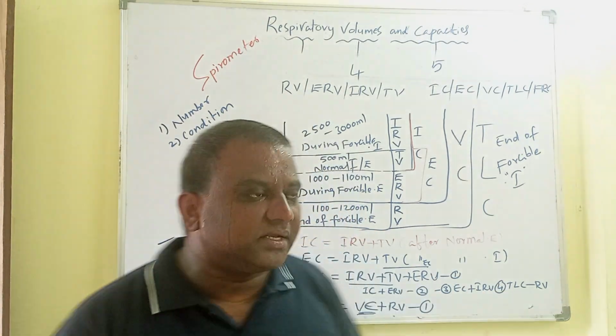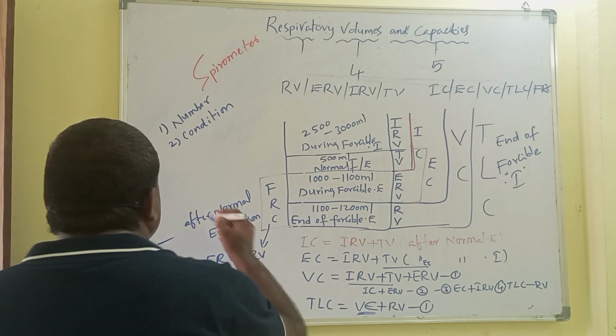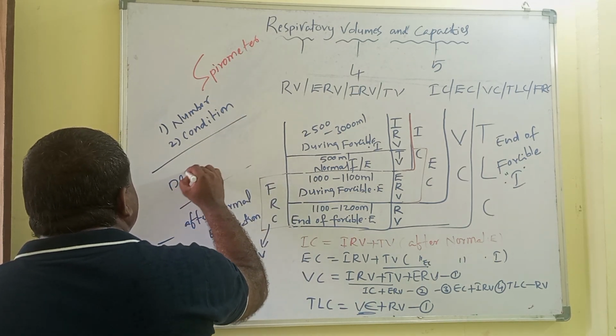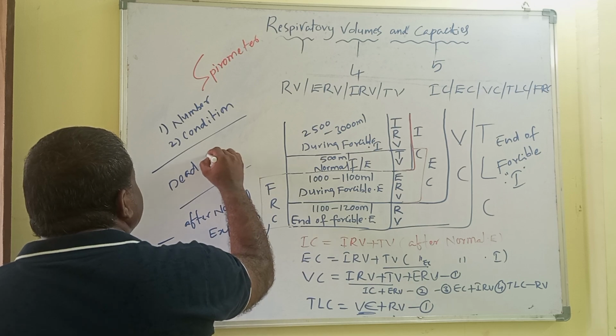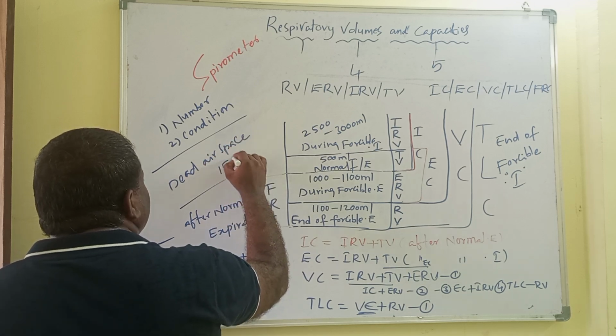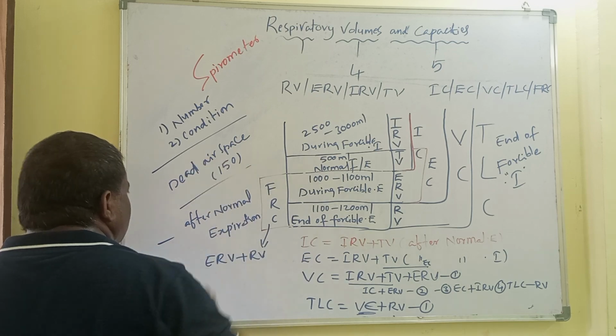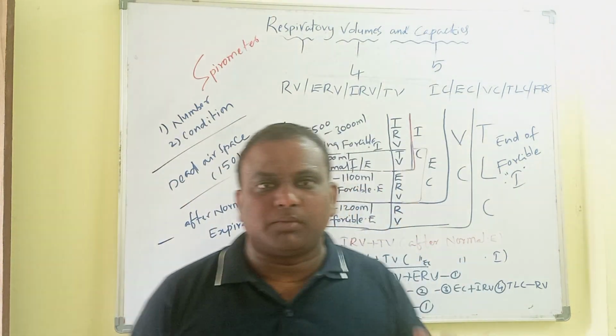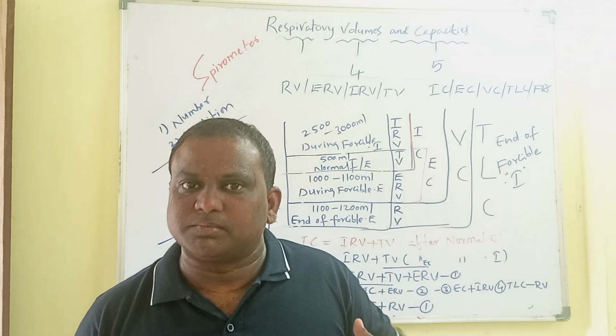There is one more number that is very important for the exam: dead air space. What does dead air space mean? Dead air space is 150 ml of air. When I inspire normally, 500 ml of air reaches my lungs.